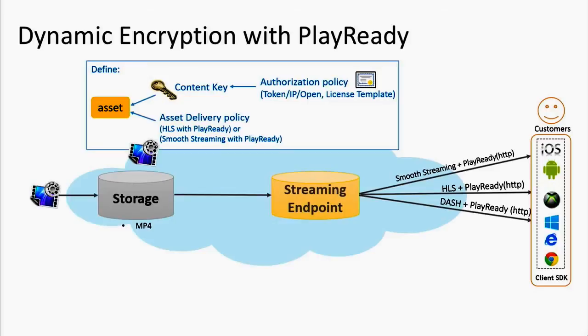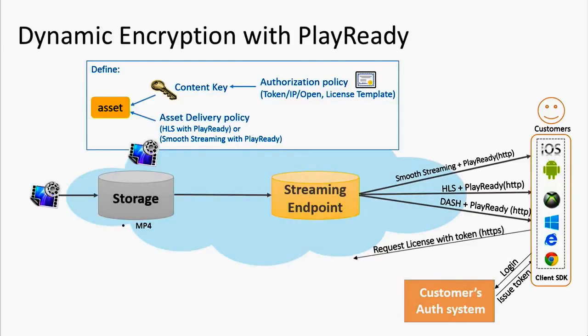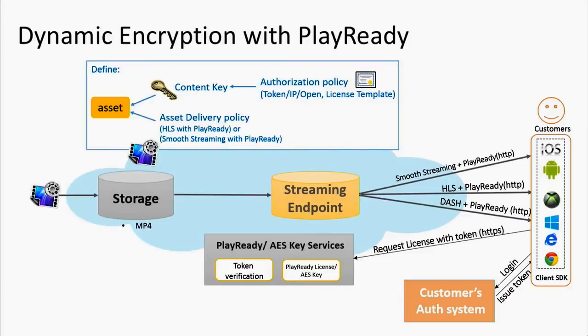After your player receives the encrypted stream, it would need the license to decrypt the stream. Usually, one of the workflows would be your player logs into your authentication system, and after they provide a valid username and password, for instance, your auth system will issue a valid token to your media player. And the player would request a license with the token to the PlayReady license server hosted in Azure.